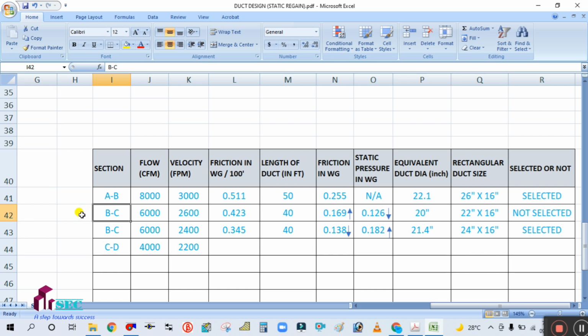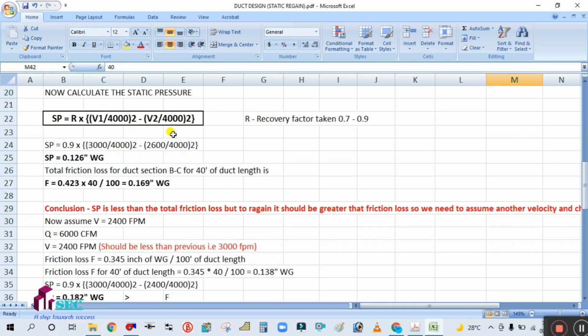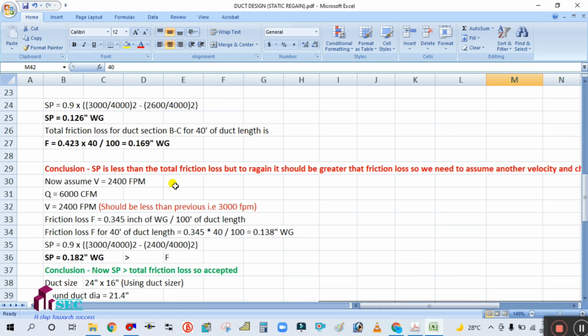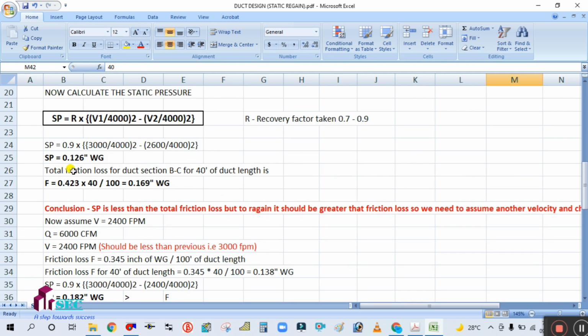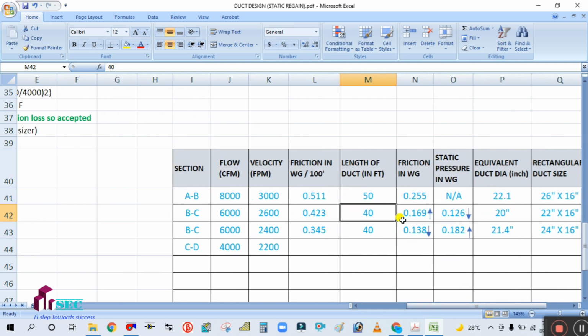Now B to C, static pressure. This static regain method starts from B to C. So for 6000 CFM flow, we first assume 2600. We get a friction loss for 100 feet of 0.423, and the duct length is 40. That means the friction for 40 feet of duct is 0.169, and the static pressure from this formula is 0.126. You can see the friction loss is higher than the static pressure.